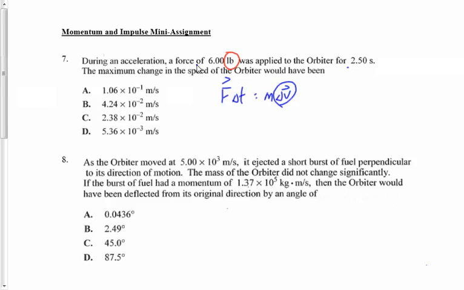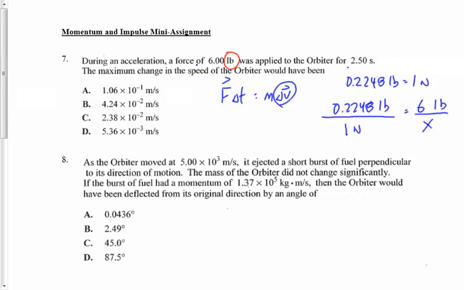A minute ago, we saw that 0.2248 pounds was equal to 1 newton. Here's how I would do that conversion. I like doing it as a ratio. 0.2248 pounds is 1 newton. 6 pounds is x newtons.